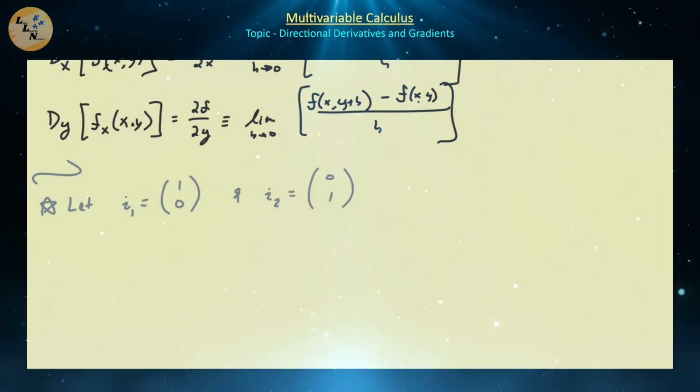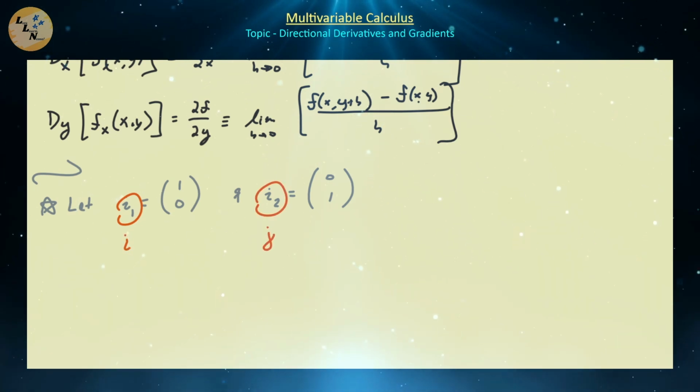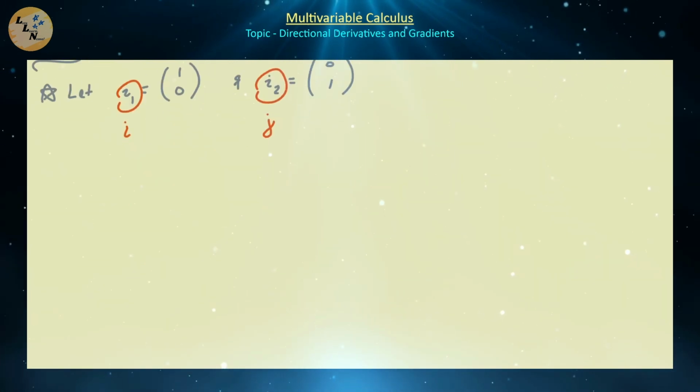You could, of course, consider I1, I2, I3, I4, where 4 would be the dimension of the vector space you are in. Some people also abbreviate this by just I, and this by J, but I'm going to be abbreviating it by I1 and I2, just in case you want to extend this to higher dimensions besides, for example, 1, 2, 3, or possibly even 50 dimensions.